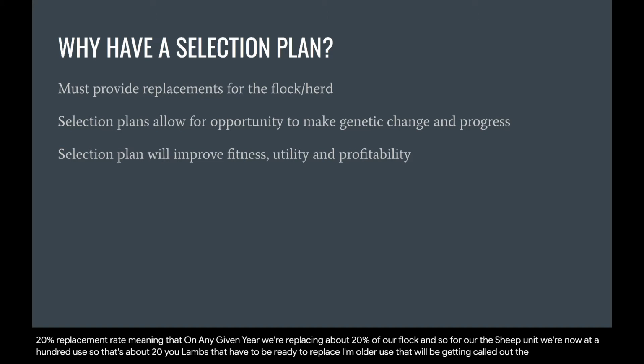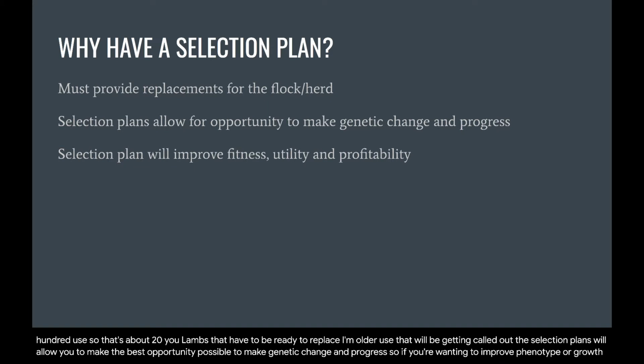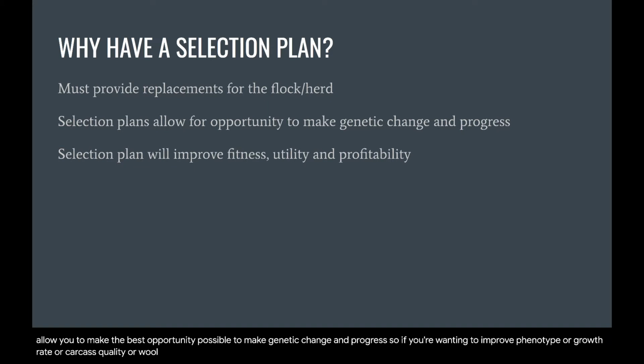These selection plans will allow you to make the best opportunity possible to make genetic change and progress. So if you're wanting to improve phenotype or growth rate or carcass quality or wool or anything, having a plan is going to allow you the best opportunity to make that change and progress.